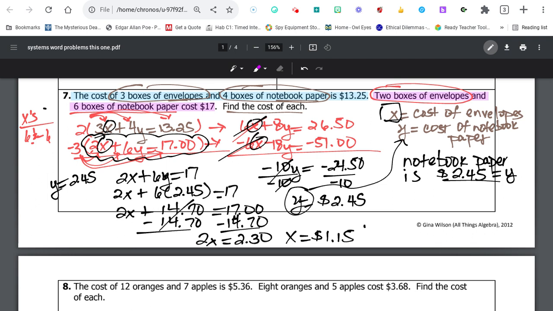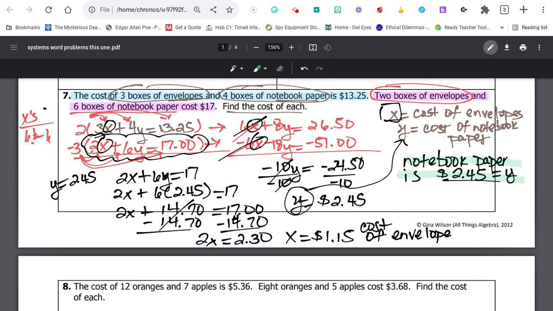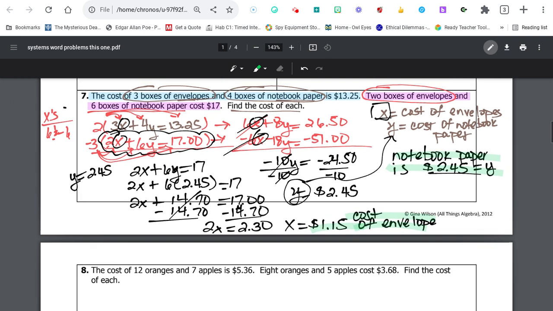So the cost of the envelope is $1.15. I should say cost of an envelope, but you all know what I mean. So I have my two answers. So my two answers are the notebook paper costs $2.45 and the envelopes cost $1.15. That's all you do.